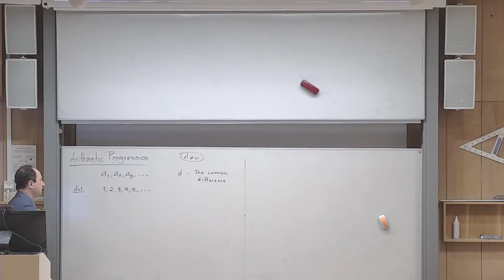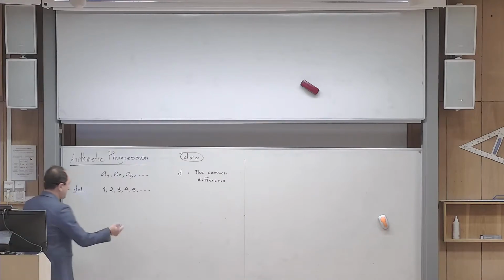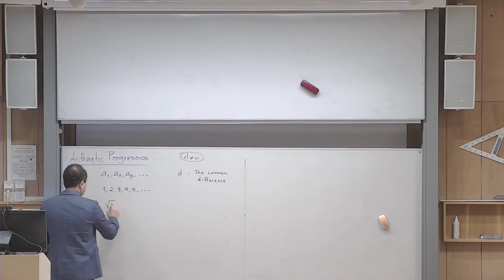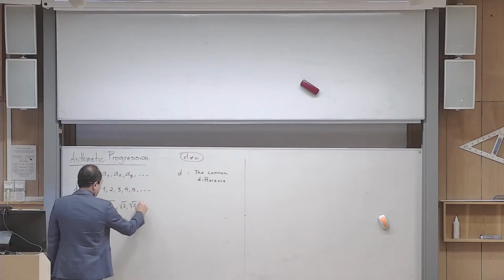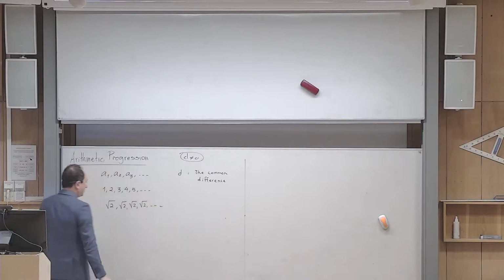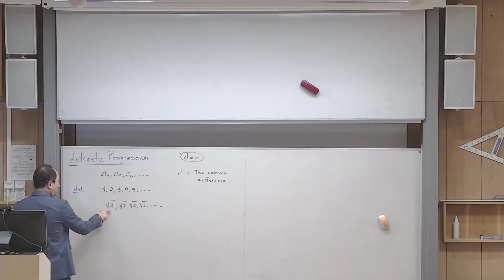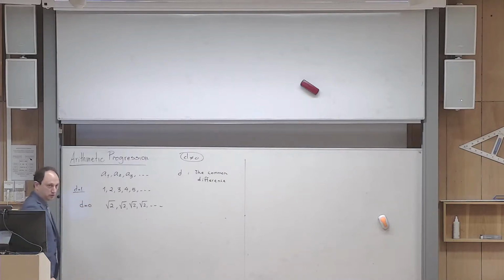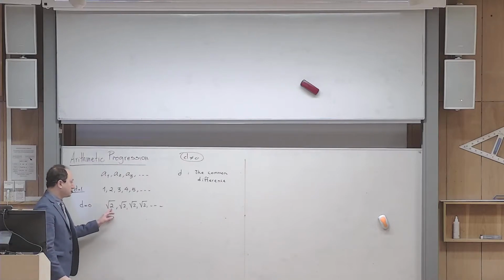So if I have D equal to 0, for example, is it an arithmetic progression? The answer is yes, but in this case, the first term is square root of 2, the common difference is 0, which actually is not that interesting. For example, if I want to answer any questions regarding this sequence, you really don't need any knowledge about this.